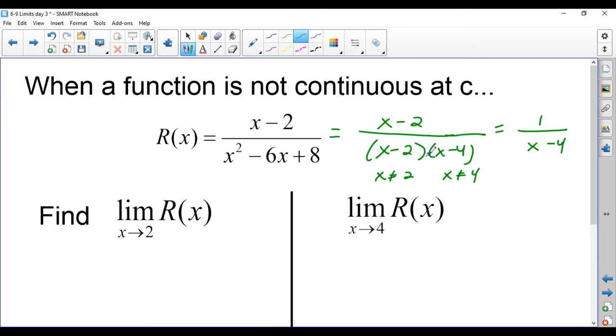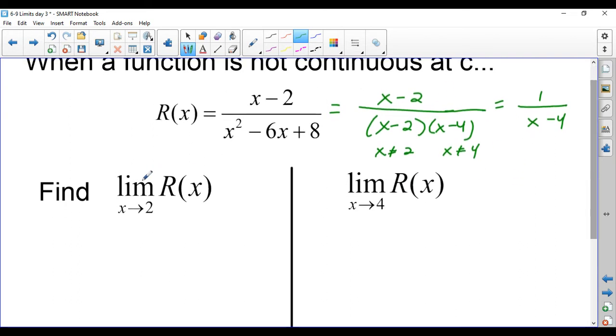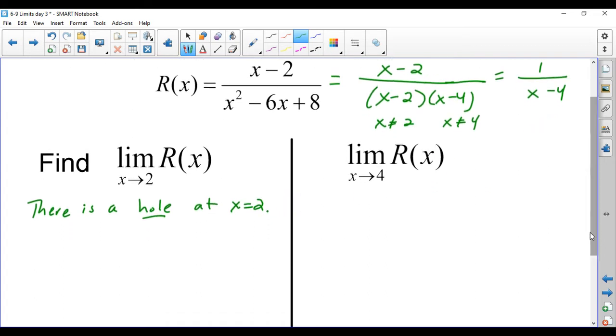We look, the x minus 2's cancel. So if we want to find the limit as x approaches 2, what we know is there is a hole at x equals 2. That means that this graph looks exactly like 1 over x minus 4, except with that single point removed. So if I want to figure out what the limit is, that's the value that the graph approaches on both sides of 2. It'll be the same value that it hits in the simplified form.